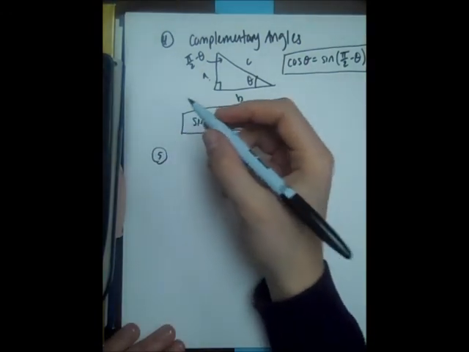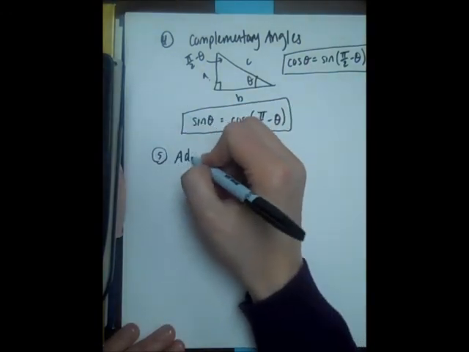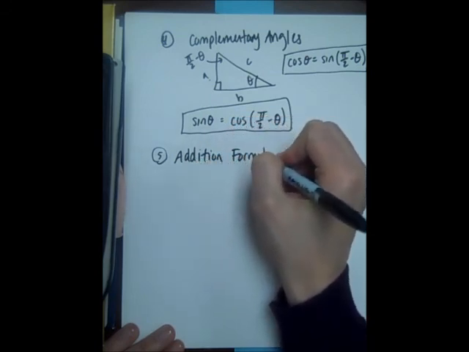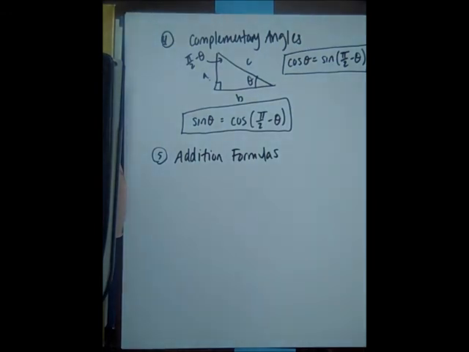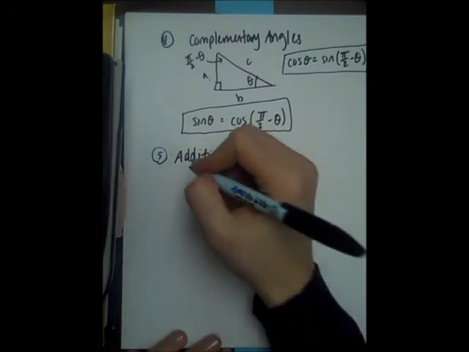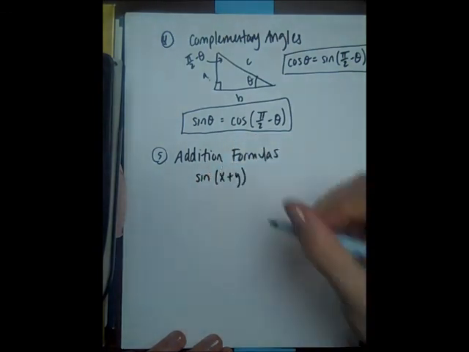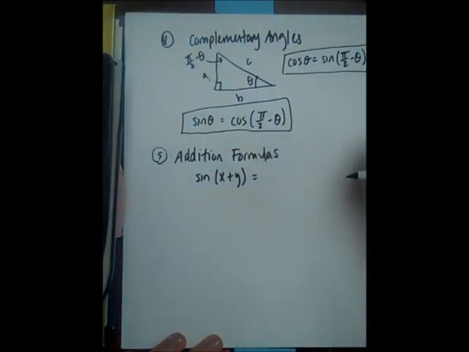The fifth thing we can look at are the addition formulas. It's not really true that you can just add angles and say sine of an angle plus another angle, you just add them together. That's not entirely true. But what you can say is that sine of x plus y, it's not quite sine of x plus sine of y.